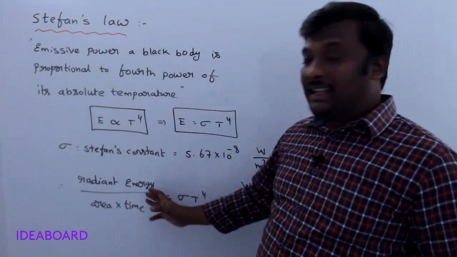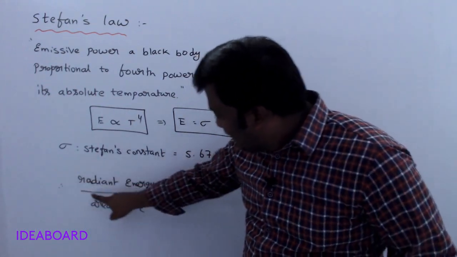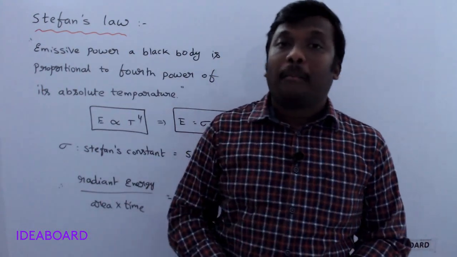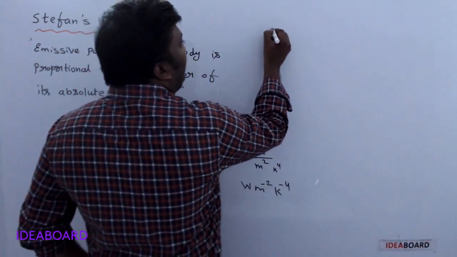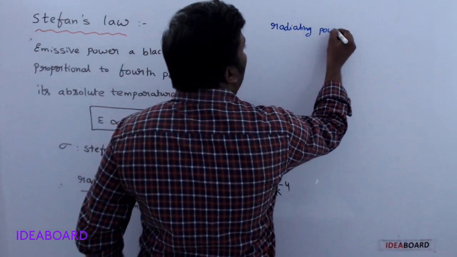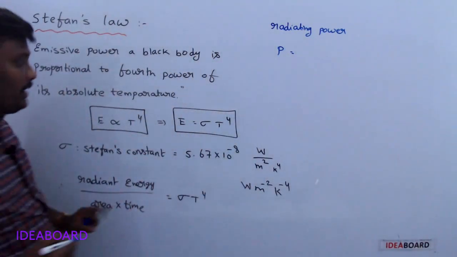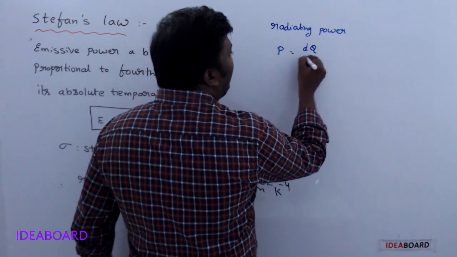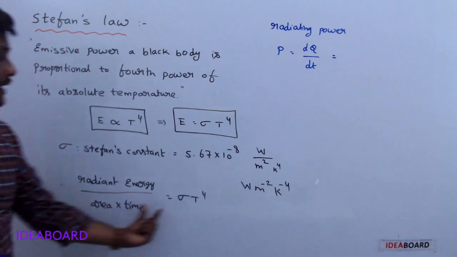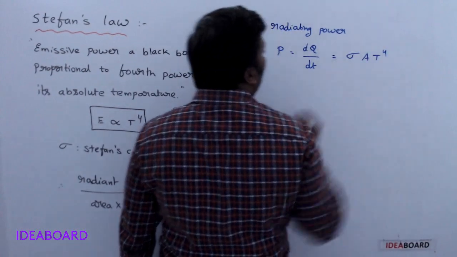Here observe energy per time: energy per time is nothing but power. So radiating power P is equal to energy per time, which you may write as dq by dt, equal to sigma A T power 4, with area taken to that side.